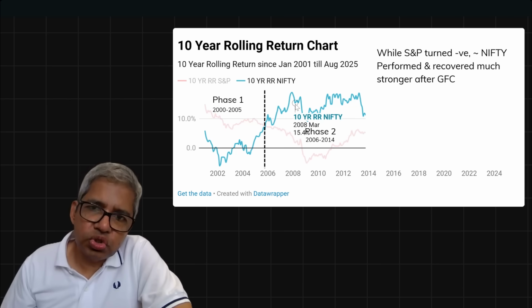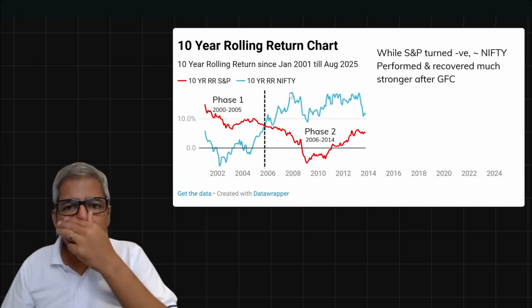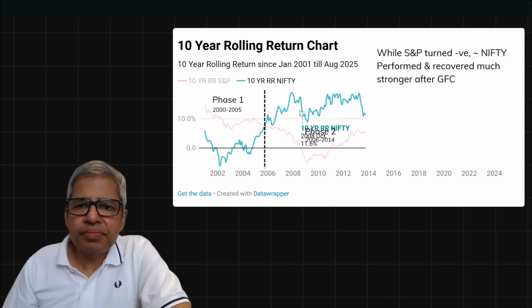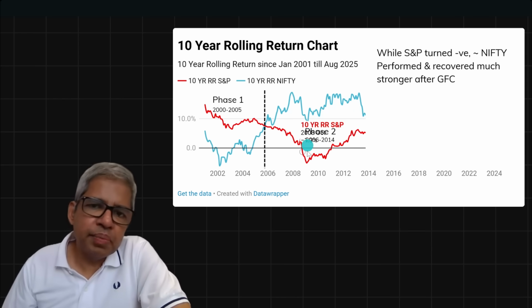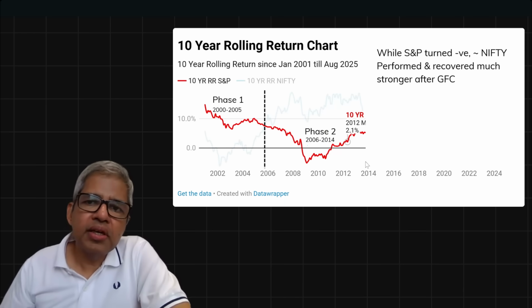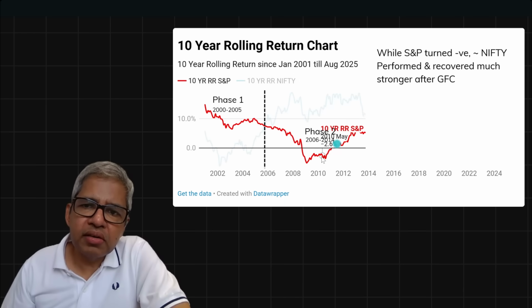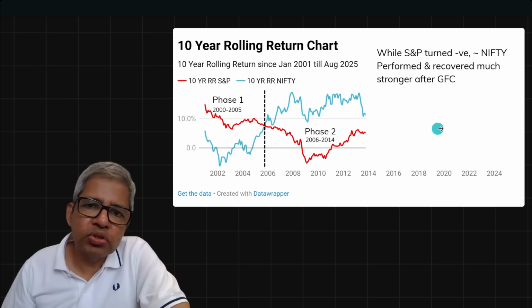They recovered much more strongly after the GFC, and S&P actually turned negative during that period. You can see that 10-year rolling returns were negative for a significant period in the S&P 500 from 2009 till 2011.